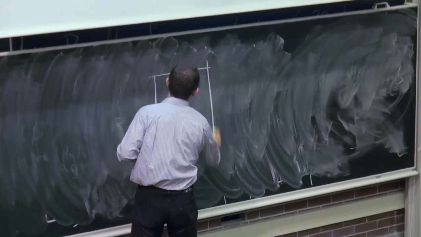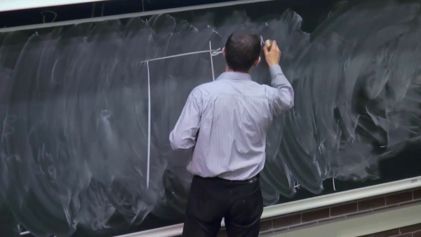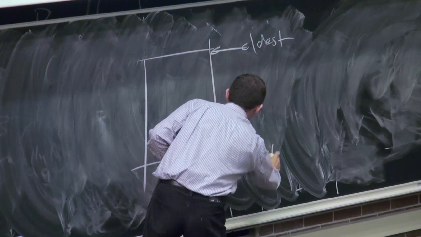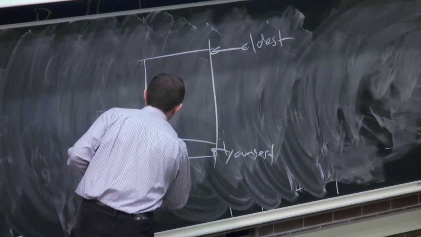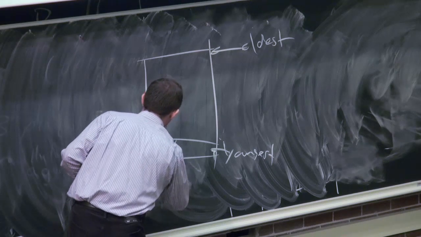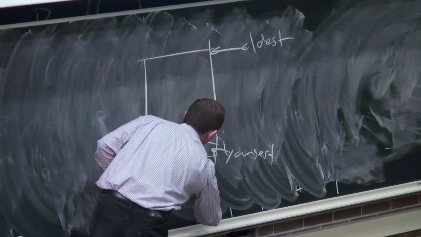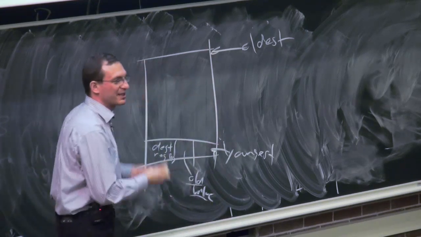So history buffer actually looks similar to reorder buffer, but it's used in a very different way. Right? You have the oldest instruction here, and you have the youngest instruction here. And you store the destination register of each ID and the old value that was in the destination register before you clobbered it.